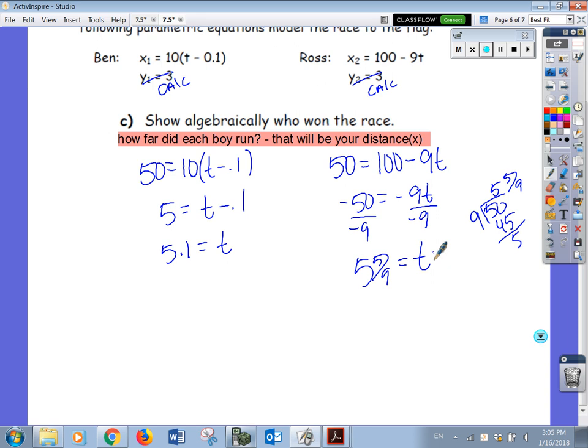If you get a time that's negative right here, you've done something wrong. So it took Ben about 5.1 seconds. It took Ross about 5.5, right? 5 ninths, 5/10 would be 5.5. So therefore, we just showed algebraically that Ben won, captured the flag, I guess.